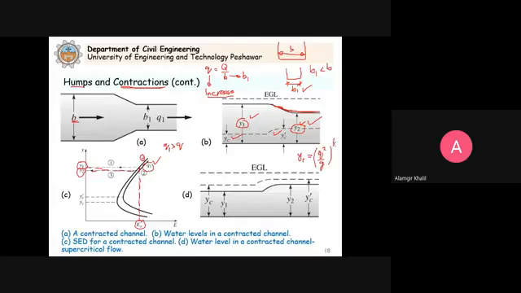So because q changes, YC will also change. In the width B we have YC, but because q changes from q to q1, YC dash, or YC prime, has also changed, because it depends on the discharge.